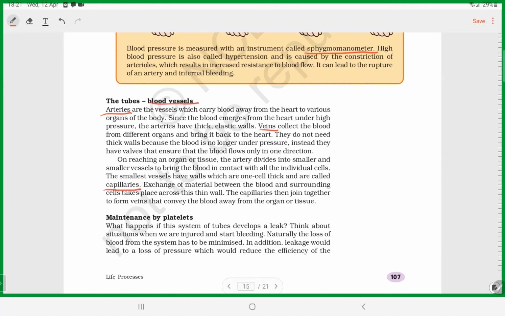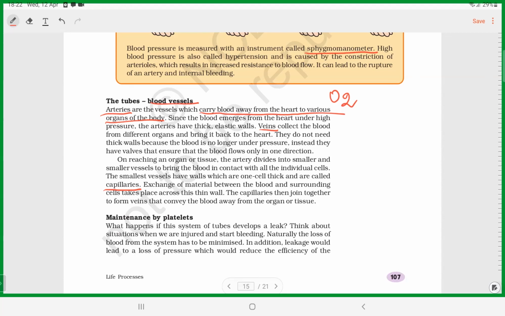What are the three types of blood vessels? Arteries, veins and capillaries. Okay. Arteries carry blood away from the heart to various organs of the body, and it is oxygenated blood. Arteries carry oxygenated blood from the left side of the heart to all parts of the body.